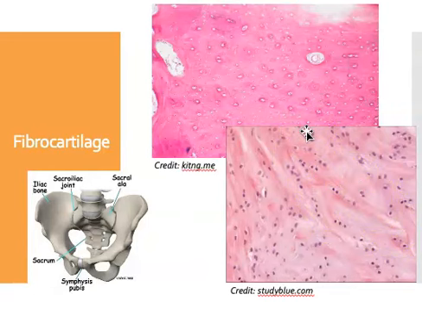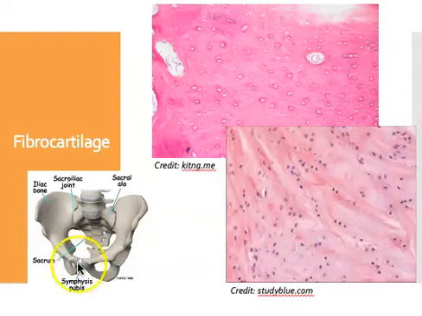Now, we find fibrocartilage in a restricted number of sites in the body. Again, one of those sites is in the pubic symphysis. The symphysis is a connection between the pelvic bones. It's allowing for a little bit of movement between those bones, but not much.